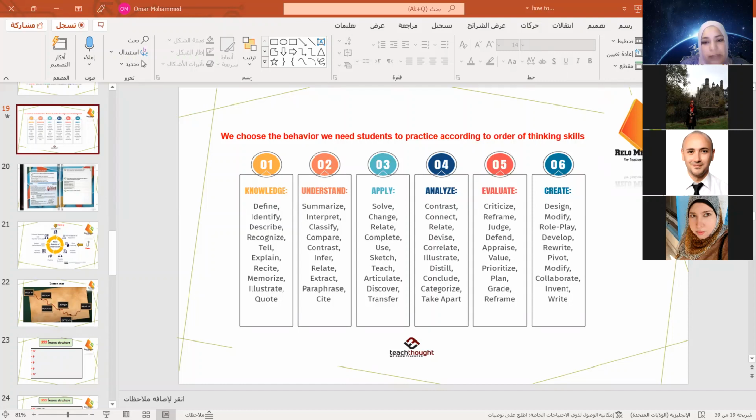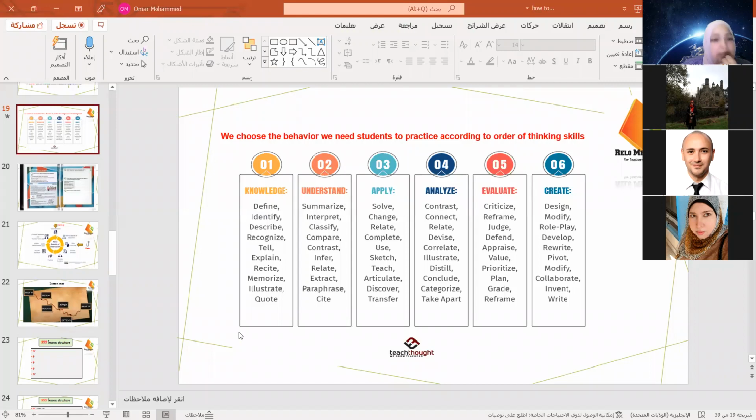So we should always refer to this table for choosing our verbs. The verb you choose should be one of these verbs in the table so that it can be measured.